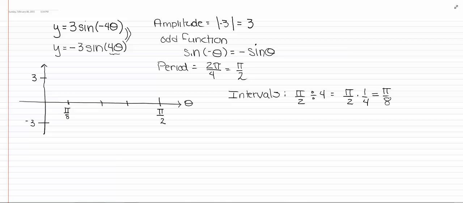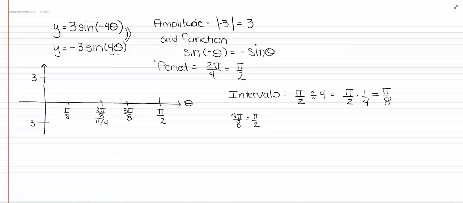So at pi over 8, or a key point, 2 pi over 8, well, 2 pi over 8 is really pi over 4, 3 pi over 8, and then add another pi over 8, that takes me to 4 pi over 8. But 4 pi over 8 can be reduced down to pi over 2, which takes us to our ending point.